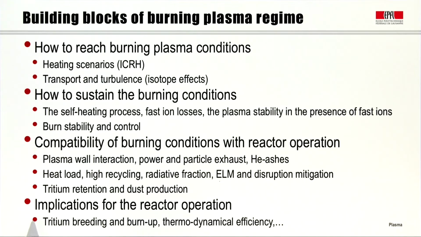We also need to see how these phenomena can be extrapolated and what they imply for the operation of a reactor. We need to worry about breeding tritium, which is a very important element for the economy of fusion in the future, how we can burn tritium efficiently, and the thermodynamical efficiency of the reactor itself, for example, giving some constraints on the operational temperatures for the reactor and so on and so forth.